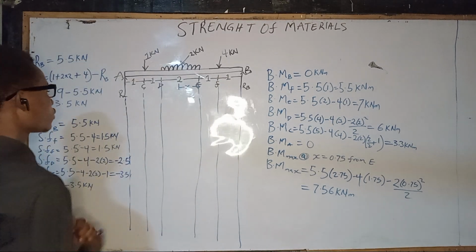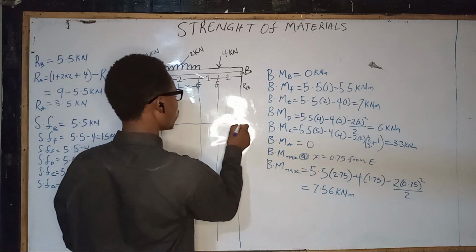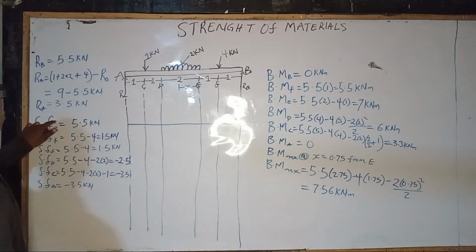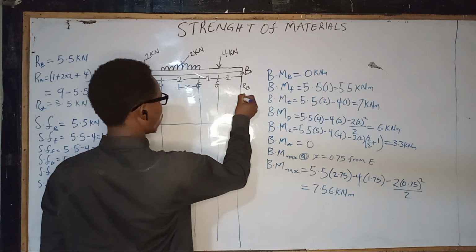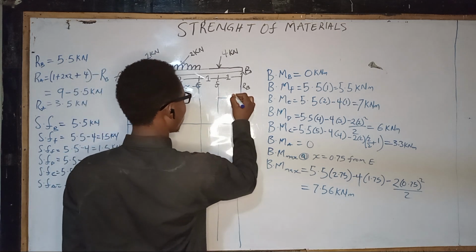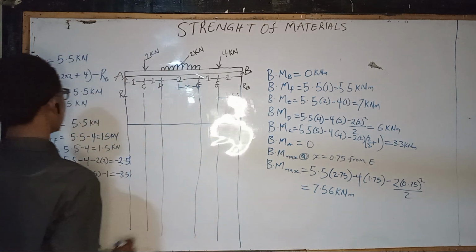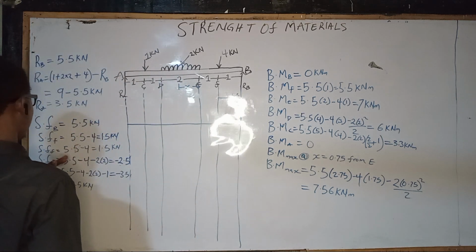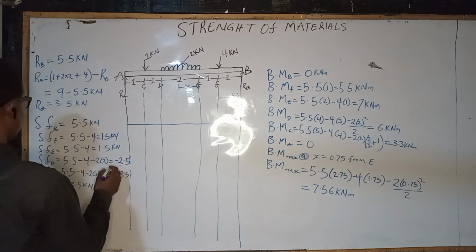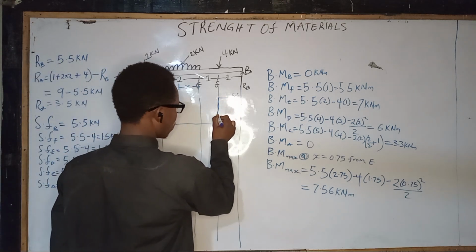So now for the shearing force diagram, I'm going to draw a neutral line right here, that is a neutral line of 0. So our shearing force at B is 5.5. We draw it straight here, 5.5. Then our shearing force at F and at E is 1.5. So we come down to 1.5.